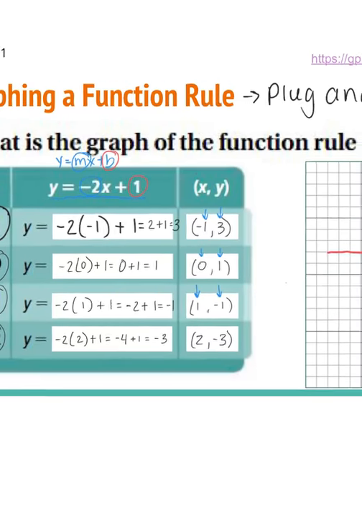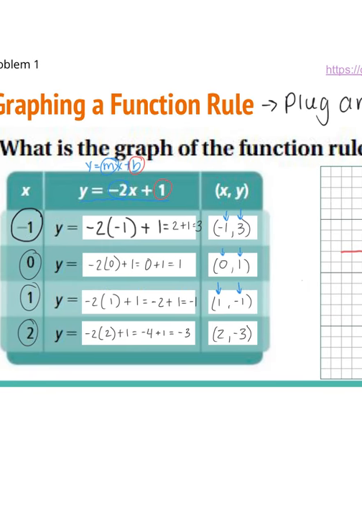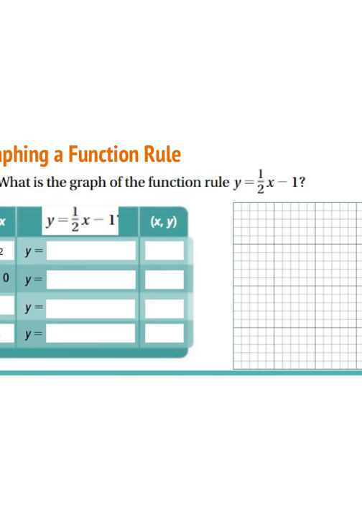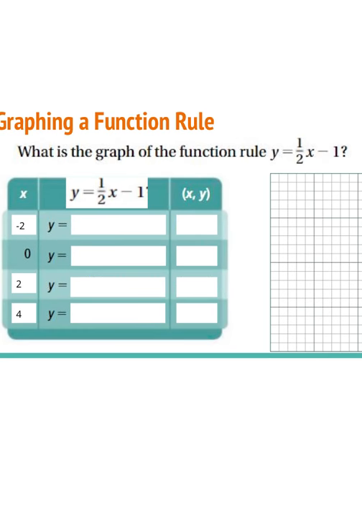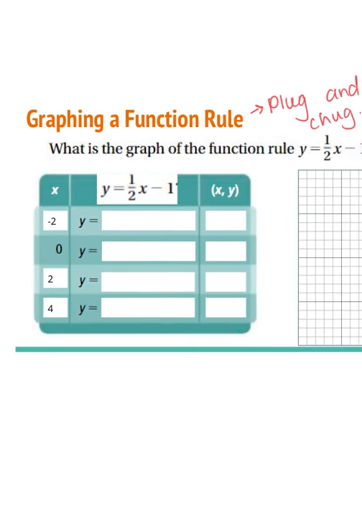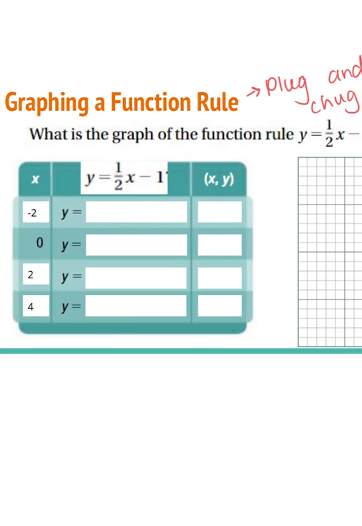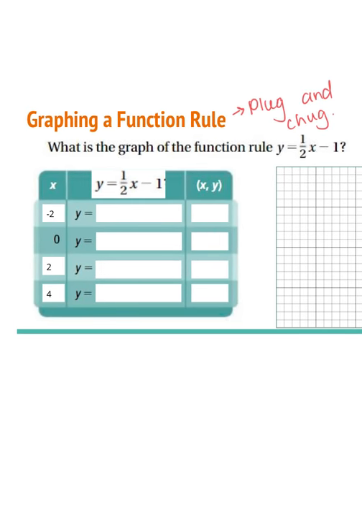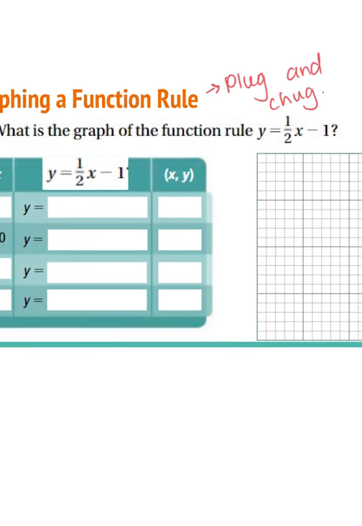Okay, let's do one more example just to make sure we understand, okay? So we're going to graph the function again, and remember, we're going to use the plug and chug method. So it's asking, what is the graph of the function with the rule y equals 1/2 x minus 1?